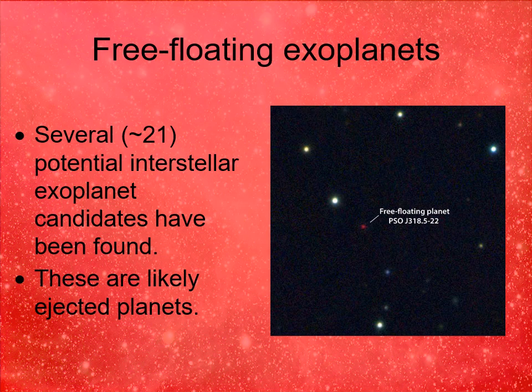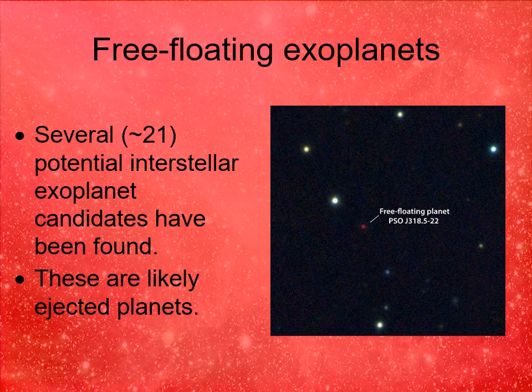In fact, there are some free-floating exoplanets that are out there. We have discovered, at least astronomers have discovered, somewhere in the neighborhood of almost 24 of these stray rogue planets. And this raises all kinds of interesting ideas as to how many of these things are out there, what they are doing, where they come from, most likely ejected from other host planetary systems.